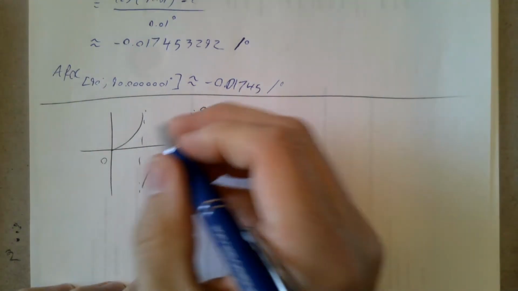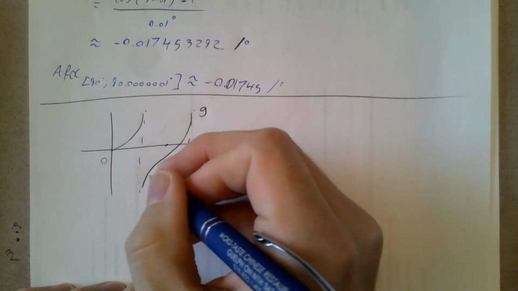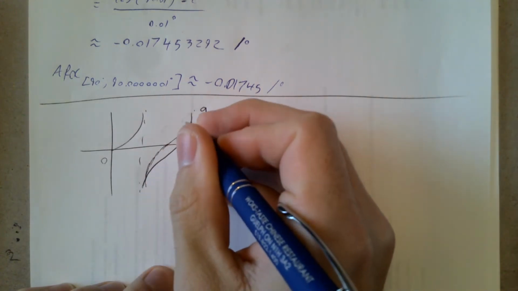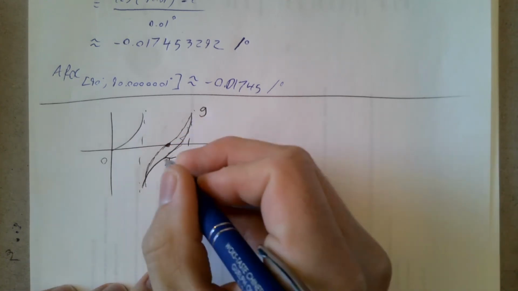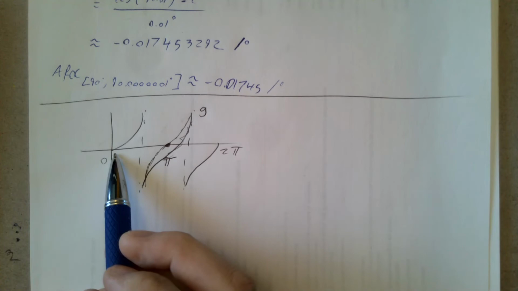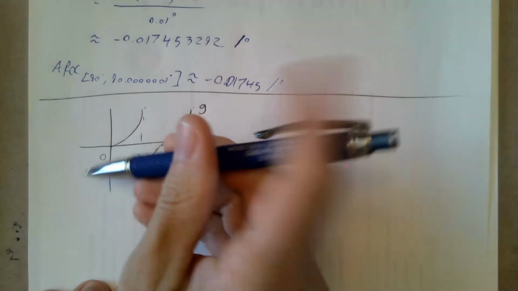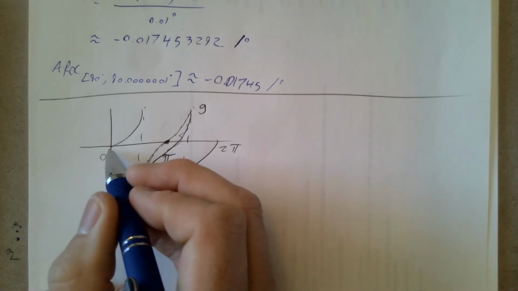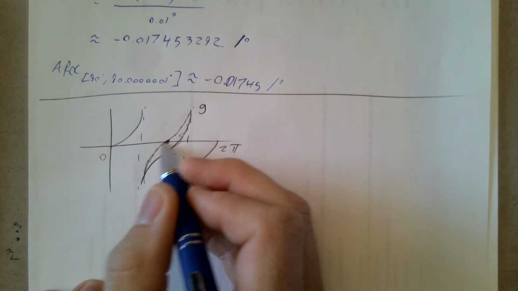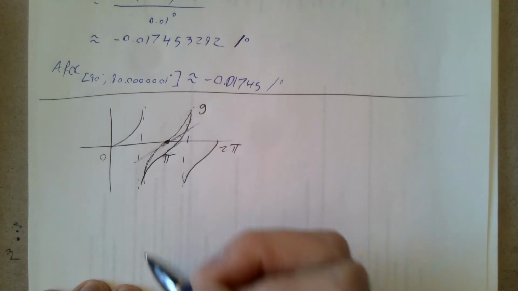And sorry, I've done a terrible job of my sketch here because this should be symmetric in between there. That's at pi, right? We could calculate for the smallest rate of change. I'm going to predict that it's going to happen at 0 or pi or 2 pi. We could calculate it around 0. Let's calculate it around pi, just because it makes the calculations a little bit more interesting.